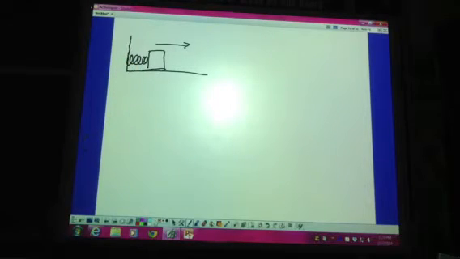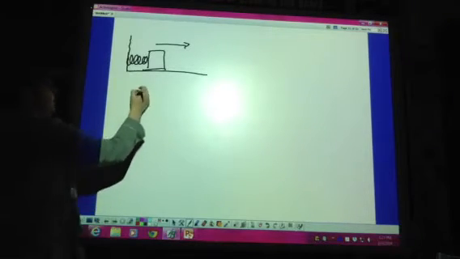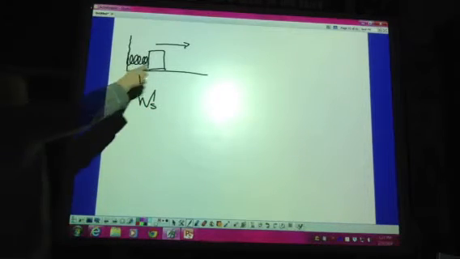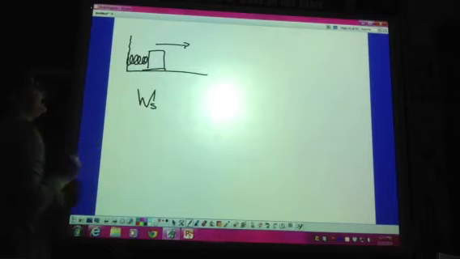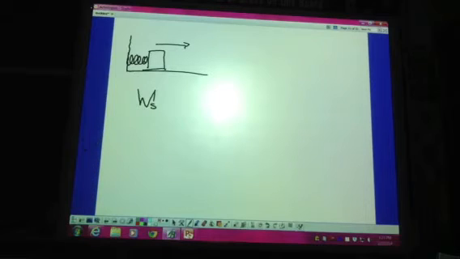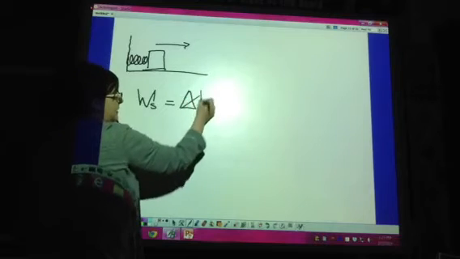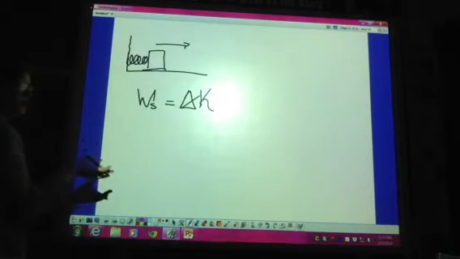Okay, so in this case, this one's different in that now we have a non-conservative force that's also acting. So I am going to have my work done by the spring on the block, and that work done by the spring on the block should be equal to my change in kinetic energy.